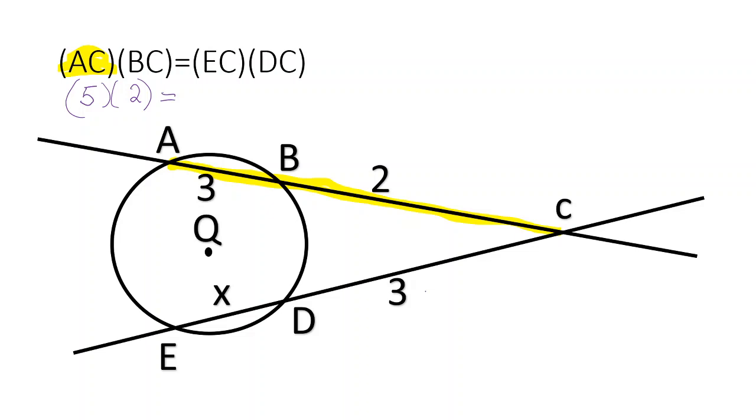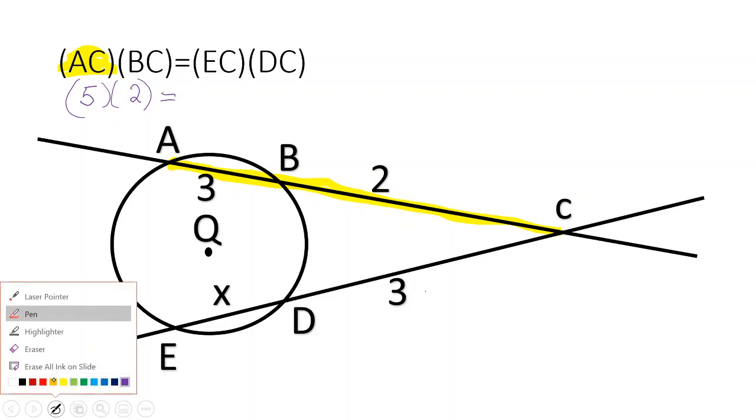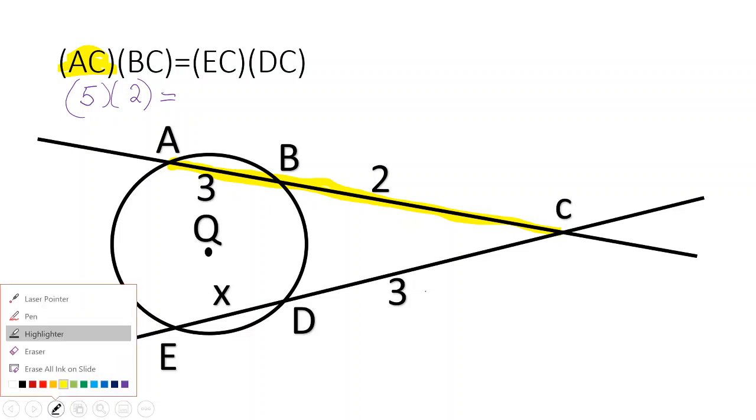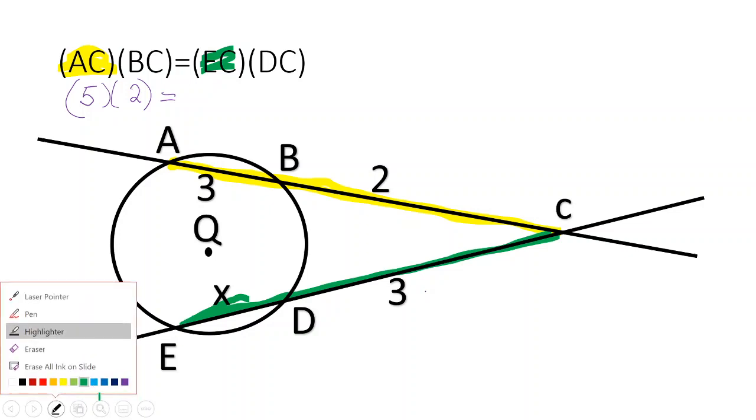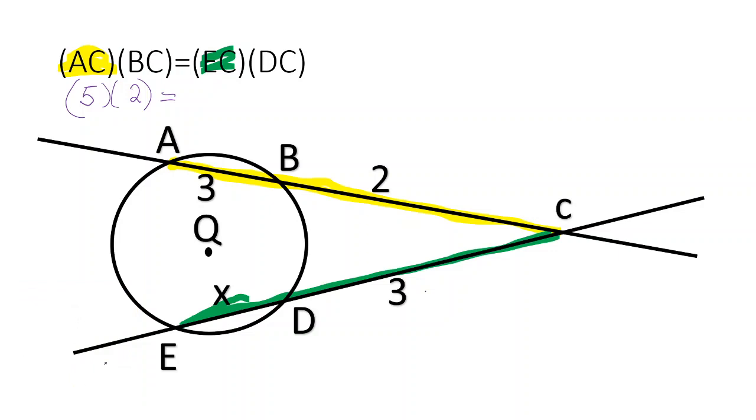E to C, we don't know, because let me show you right here. E to C, and I'm going to get out a different color. E to C, this whole thing right here. Could you give me a measurement of that? I think you could give me D to C right off the bat.